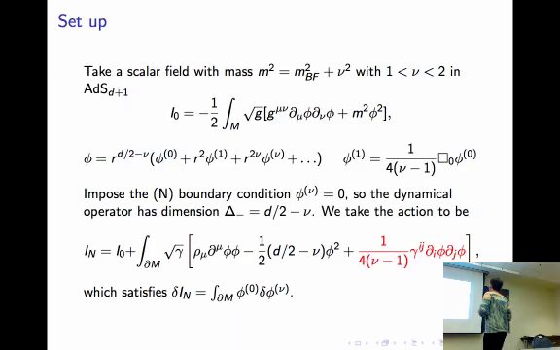So Don Marolf and Geoffrey Compère told us how to deal with these kinds of things. If you have a well-defined action principle, like the one I showed you before, they gave a prescription for constructing a well-defined inner product based on that action.